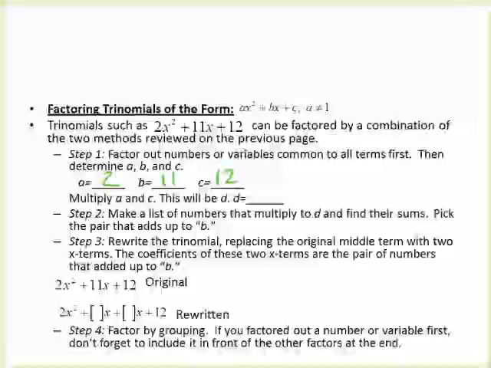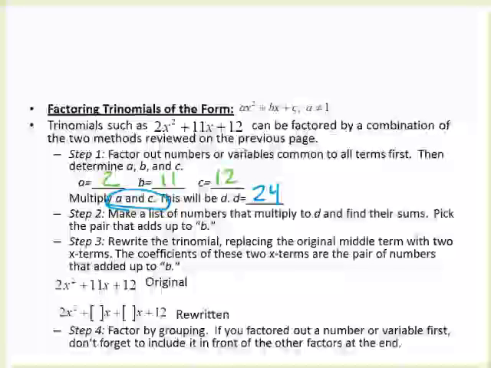Then what we're going to do is multiply A and C, and we're going to call that D. That's 24. Take A and C and multiply them, and that's going to be a special number for us in this problem. Step 2 says make a list of numbers that multiply to be D, that 24.